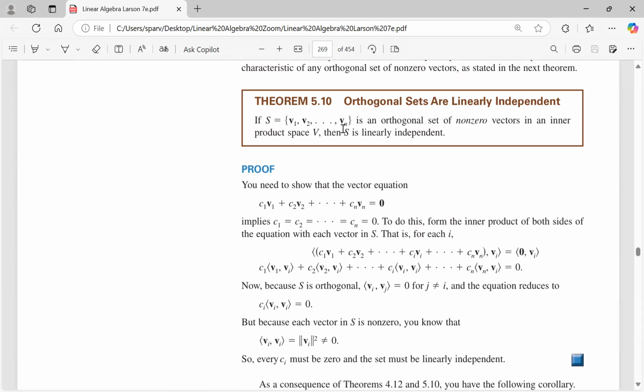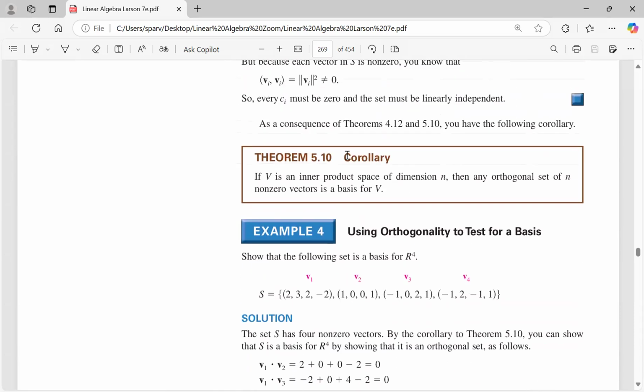So let's see. Now, Theorem 5.11, a corollary to the theorem goes like this. If V is an inner product space with dimension n, then any orthogonal set forms a basis.